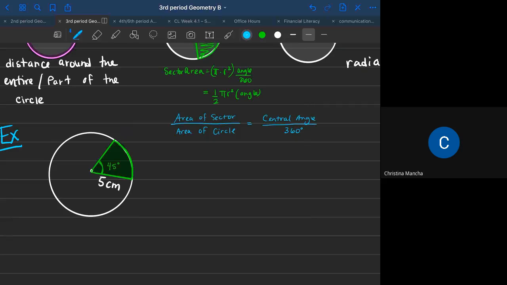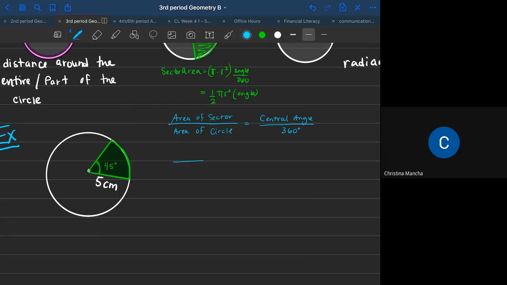So we're going to say sector area equals pi times radius squared times your angle out of 360.